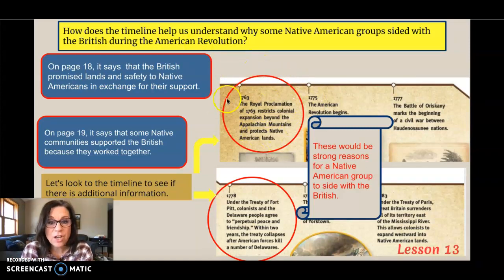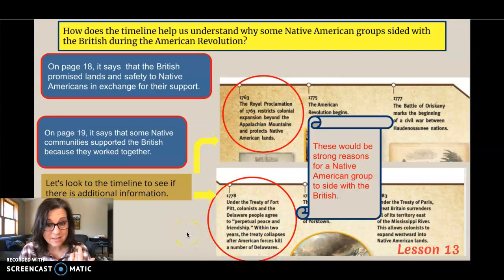Here it's showing that the Royal Proclamation, which is British, is saying we're not going to go past the Appalachian Mountains, we're going to protect the Native American lands. Down here, there's a treaty.